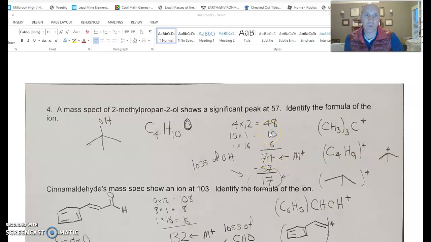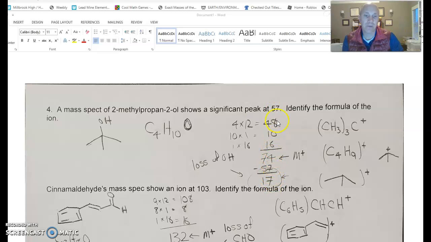Notice I'm doing something a little bit shorthand here. I'm just rounding these to whole numbers, and with mass specs, that's something you're going to see. You're most likely only going to be responsible, and I can tell you on my quizzes, only for things that are carbon, hydrogen, and oxygen. So saying that the mass is 74 would be sufficient for what we're doing here.